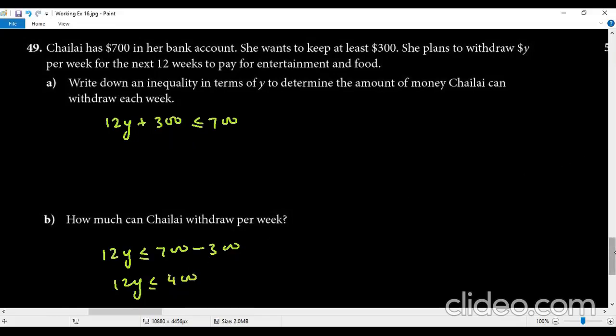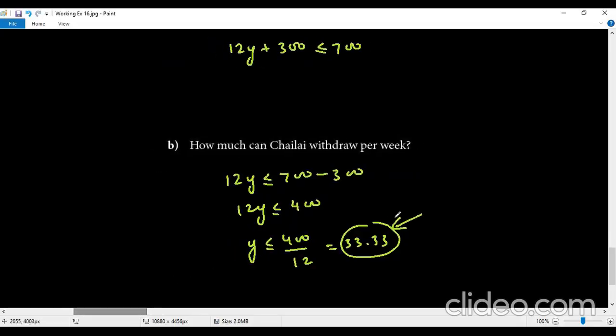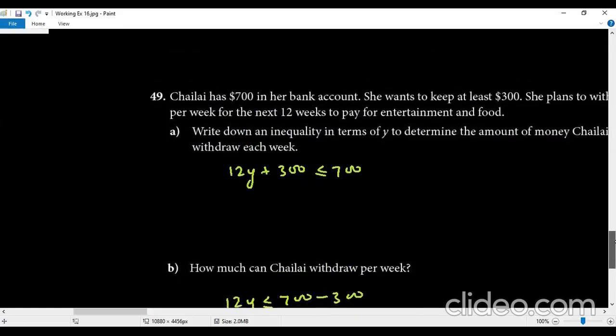That means 12y is less than or equal to 400, and when 400 is divided by 12, it gives us around 33.33 as the final answer. She has to withdraw less than or equal to this amount, so 33.33 is included. Remember this.